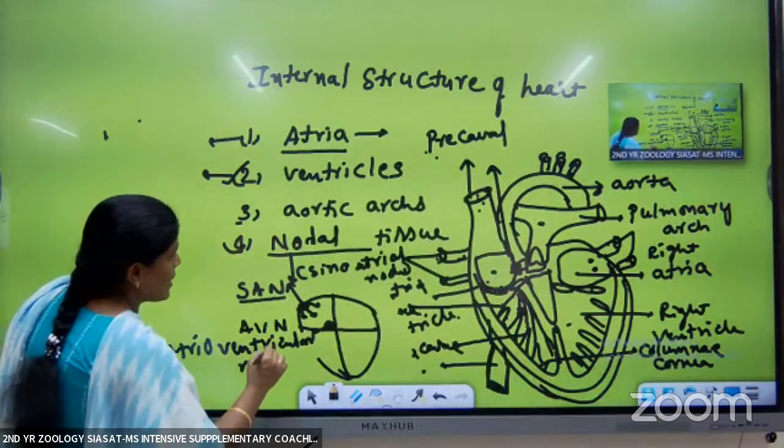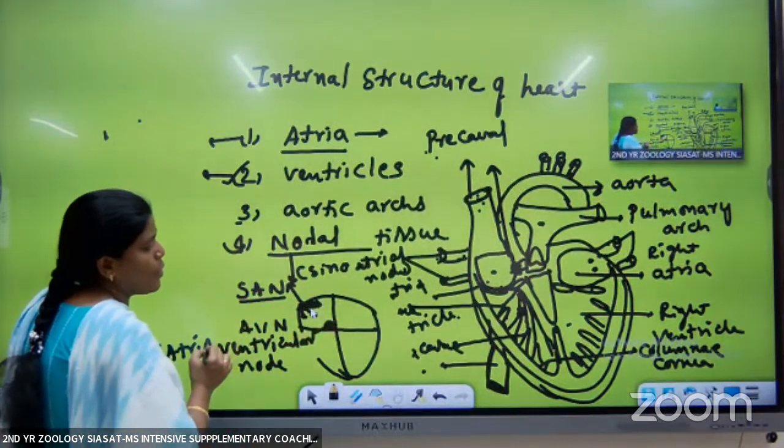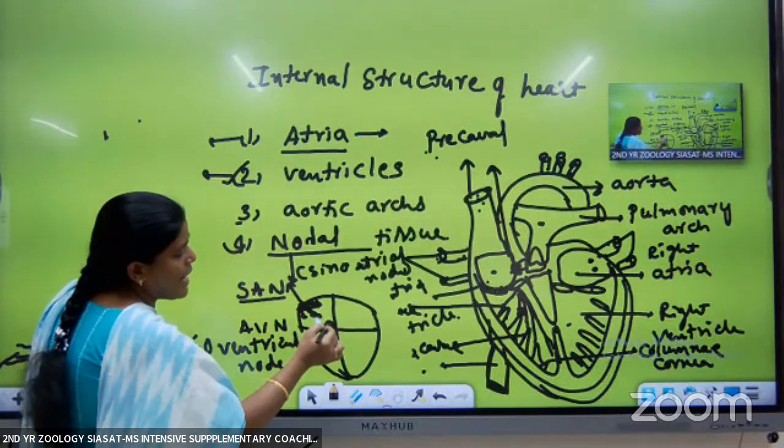The action potential is generated by the sinoatrial node, and that is taken by the AVN.